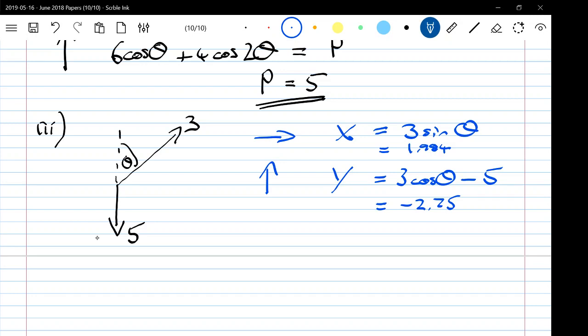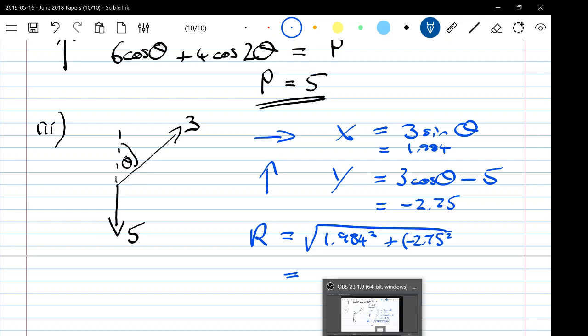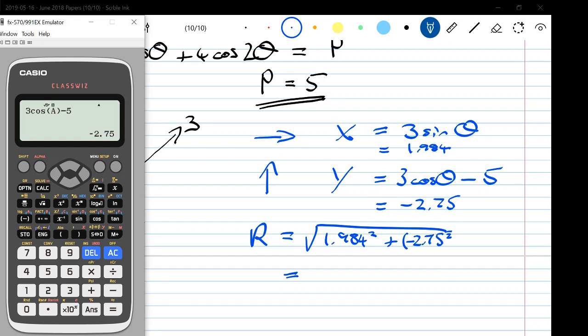So the magnitude is the square root of 1.984 squared plus minus 2.75 squared. So that is going to be the square root of 3 sine theta squared plus 2.75 squared.